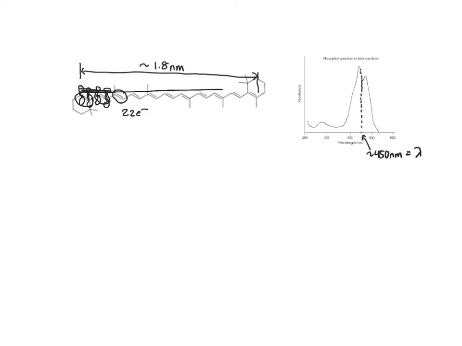All 22 electrons are free to move about along this particular conjugated axis. So essentially, we have 22 electrons in an approximately 1.8 nanometer box.